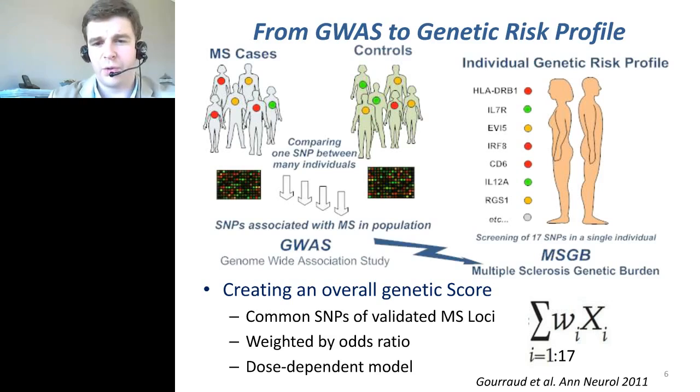If you think about it, in a genome-wide association analysis, we're taking thousands of patients, thousands of controls, and hundreds of thousands of very simple markers, the single nucleotide polymorphisms, and we're comparing the cases to the controls, using a bunch of statistical methods to make sure that we truly have a little bit of excess of one particular marker in cases versus controls, in people with MS compared to people without MS. And that was very successful because we now have 110 genes that we know for sure have something to do with MS risk.